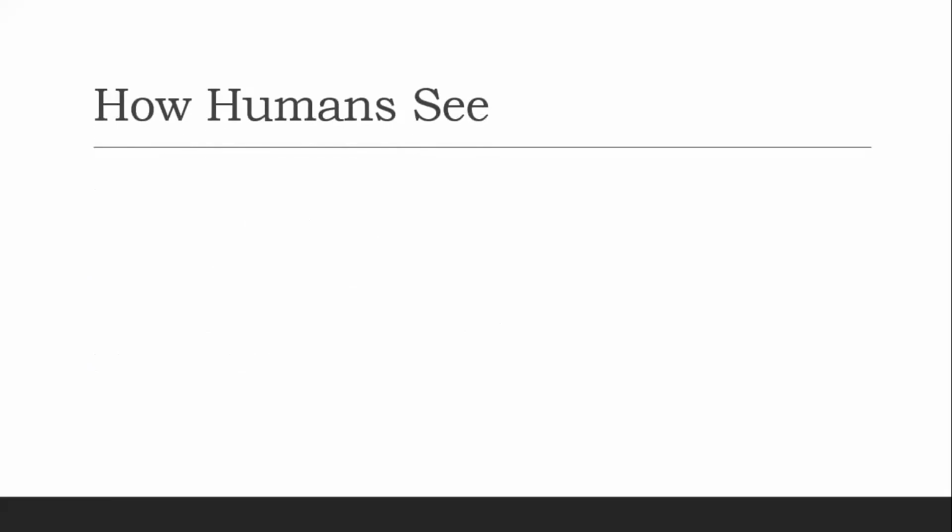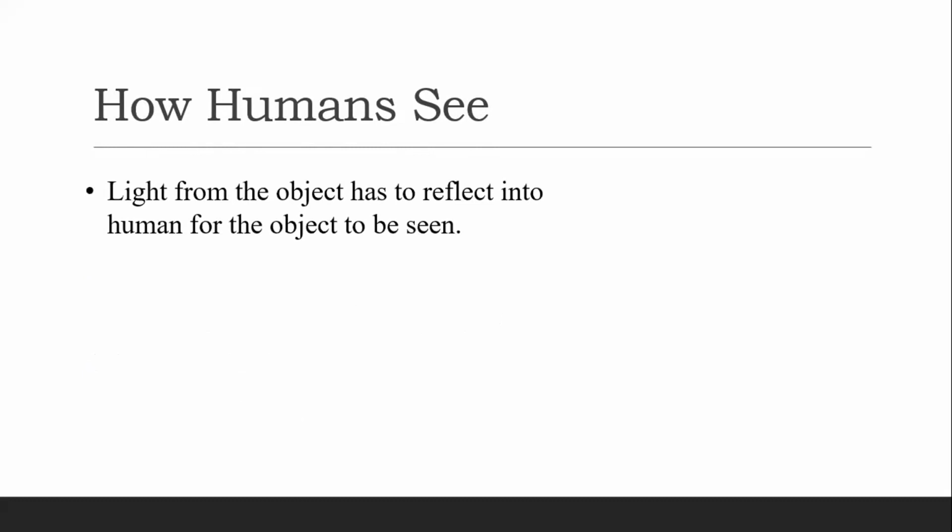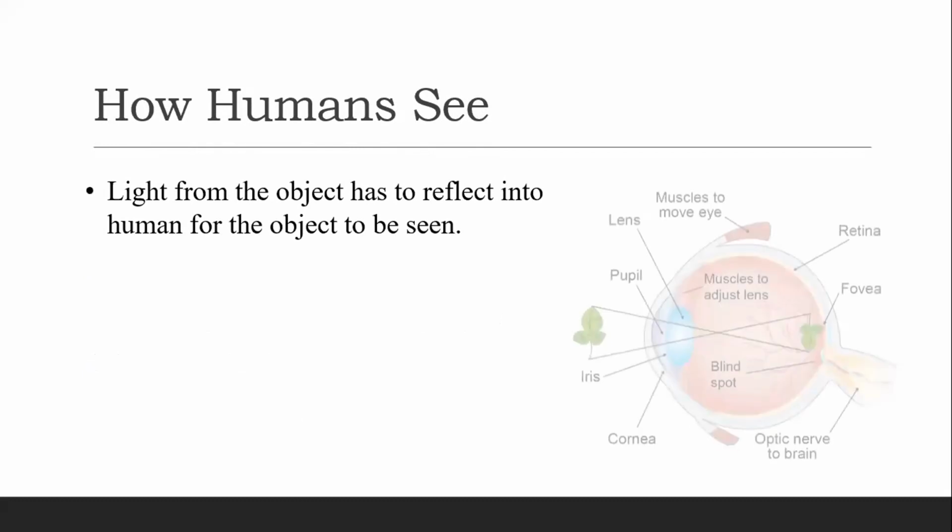Okay, so we will start with how human beings see objects. Basically, to see an object, light from the object has to reflect into the human eye to enable the human eye to see.